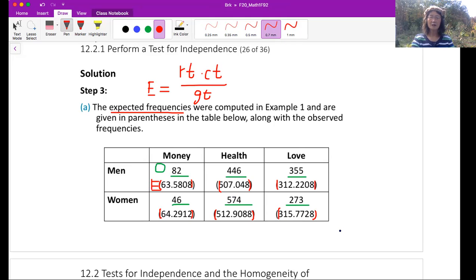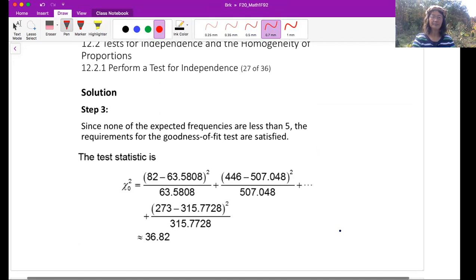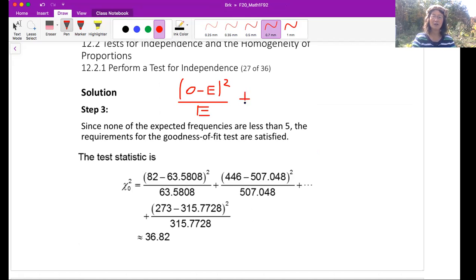And once you have O and E, calculate the test statistic. It is O minus E, observed minus expected, squared, divided by E, and add them all. Add another one, add another one.